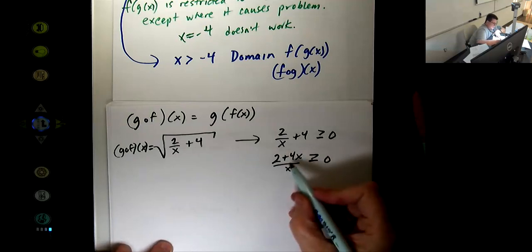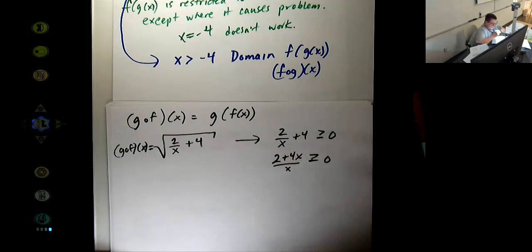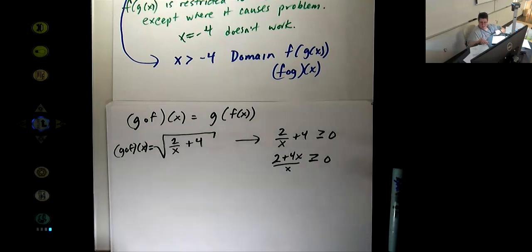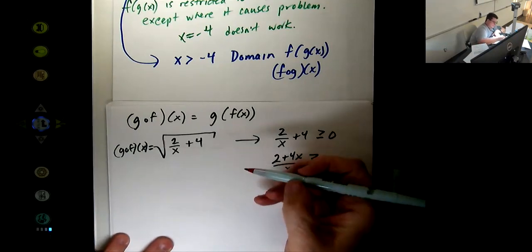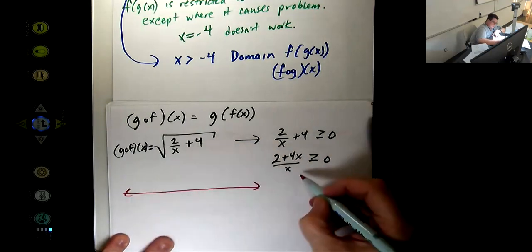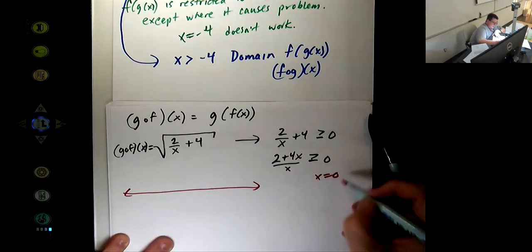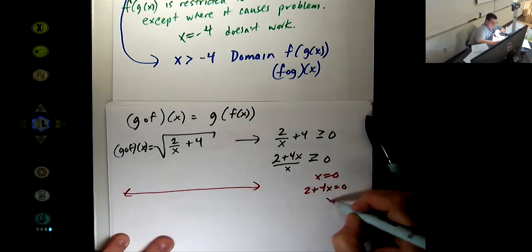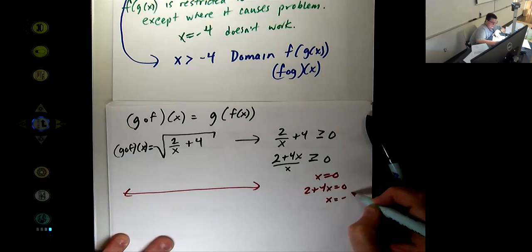We did the sign chart for stuff like this before. We set the bottom equal to 0, that's a bad spot, and we set the top equal to 0. You get x equals negative 1/2 there.